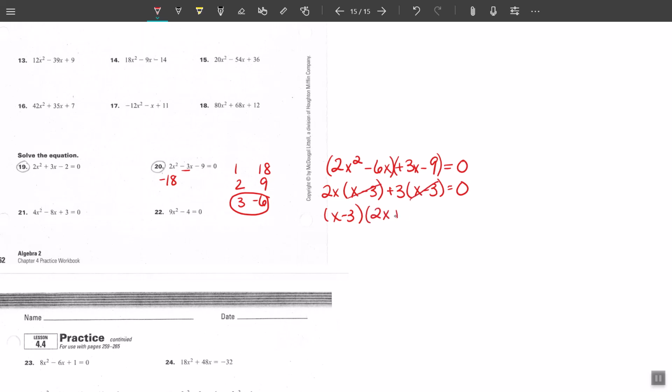When I take it out of here, I end up with +3. So to finish off the problem, to actually solve for the intercepts, take each of those binomials, set them equal to 0, and solve for x. All right, so if you graphed this parabola, this quadratic, it would cross at +3, and it would also cross at x of -3/2. So those are the solutions to this problem.